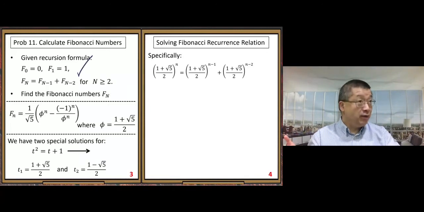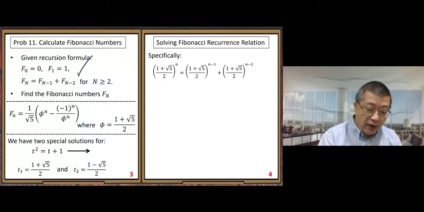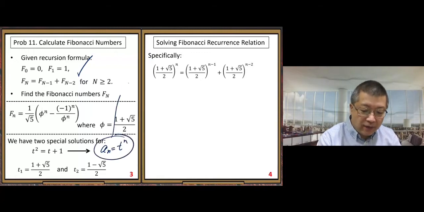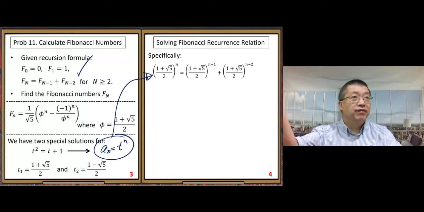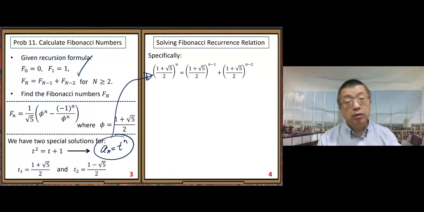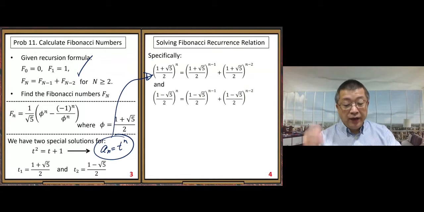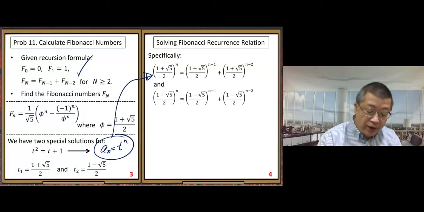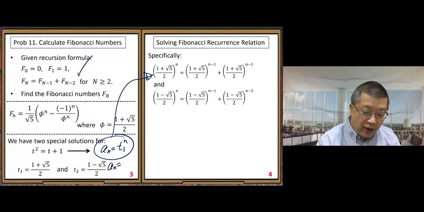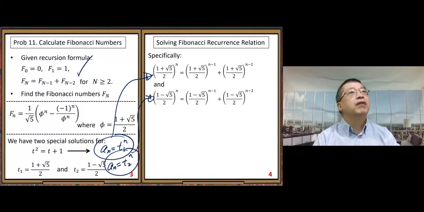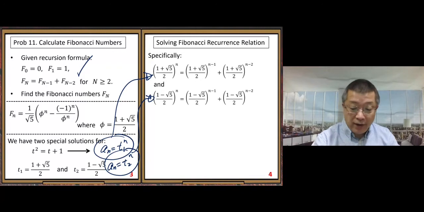So if we make a sub n equals t1 to the nth power, can we get this equation? That must be correct, right? No problem. It is correct. If we use a sub n equals t2 to the nth power, we can get the second identity. Both correct, right?